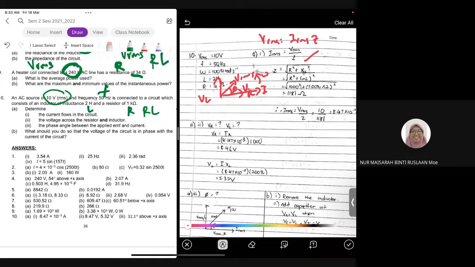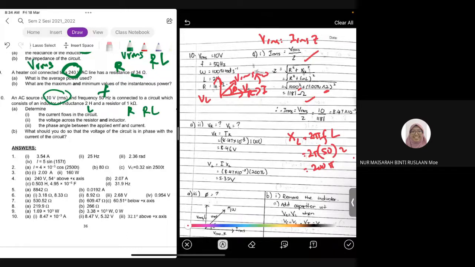R is given as 1K but XL is not given, so he finds XL first. XL equals 2 pi F L. So 2 pi F is 15, L is 2, so he gets 200 pi. Then he squares it, and XL comes to 1181.